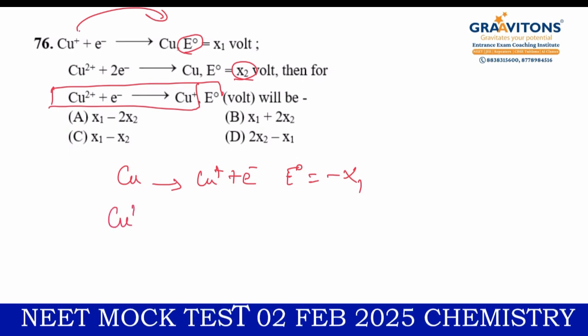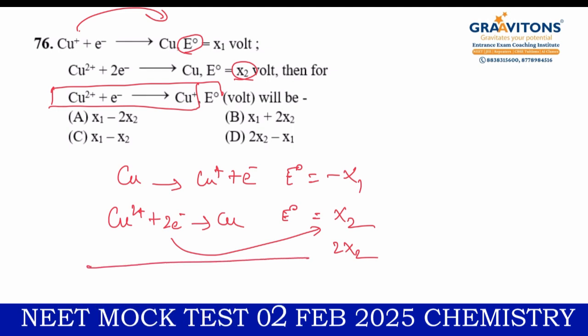And what about Cu2 plus plus 2 electrons? It gives Cu, and here the electrode potential is of course x2. When you take delta G or total electrode potential, the number of electrons also plays a vital role, so I can take the 2 electrons involved here as 2x2.